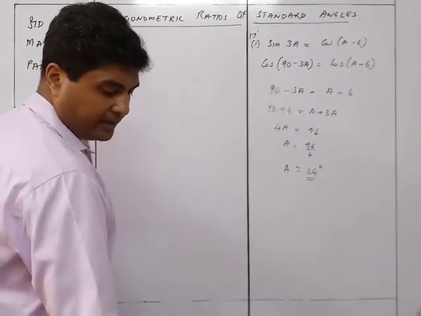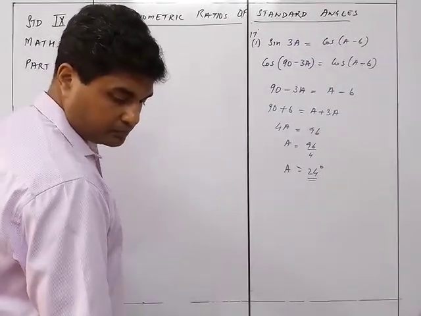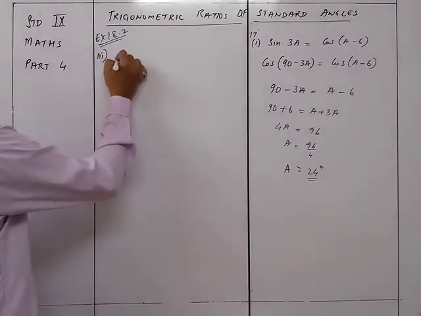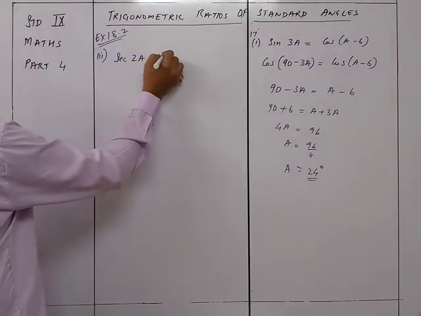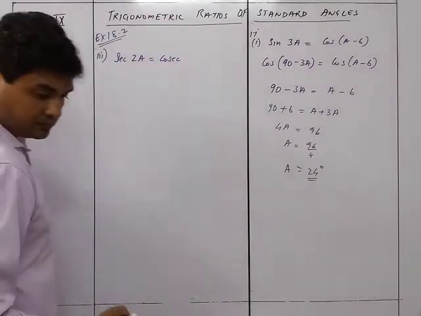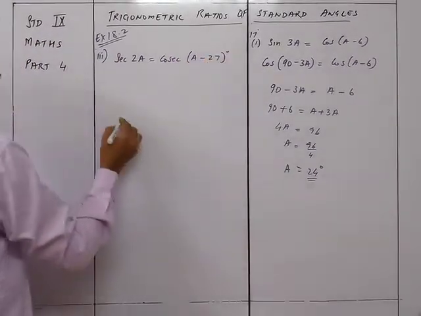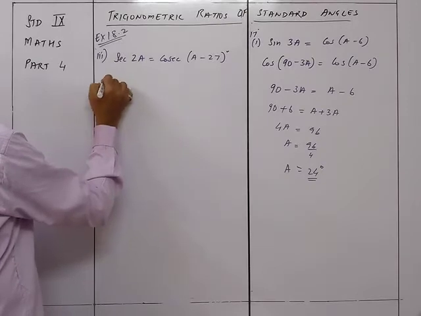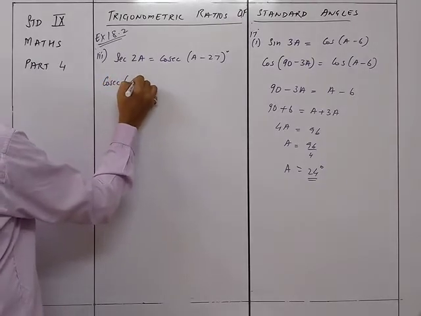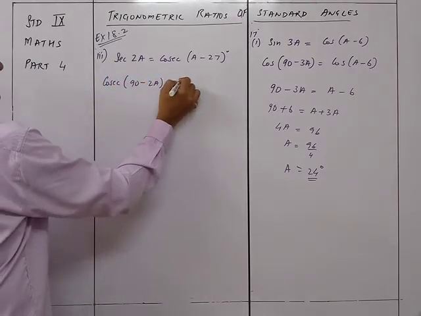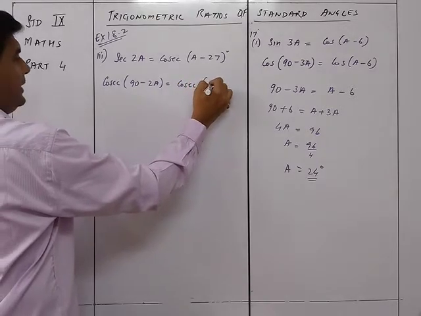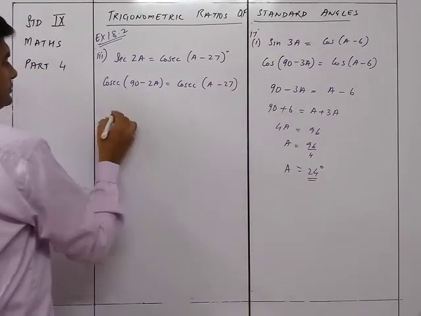Sec 2a is equal to cosec a minus 27. So we know that sec 2a is cosec 90 minus 2a, which is equal to cosec a minus 27.